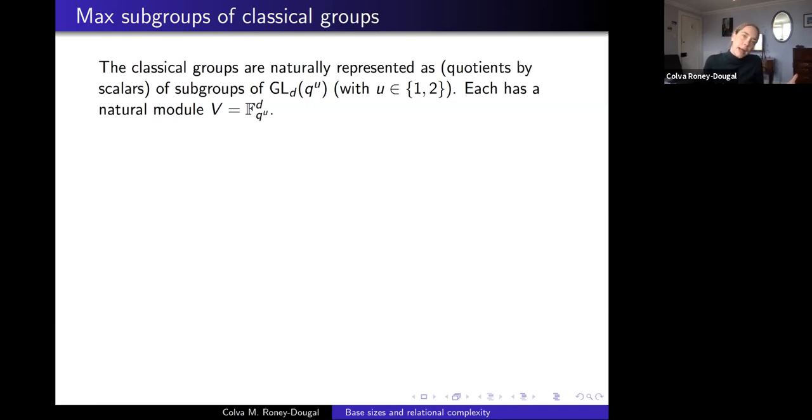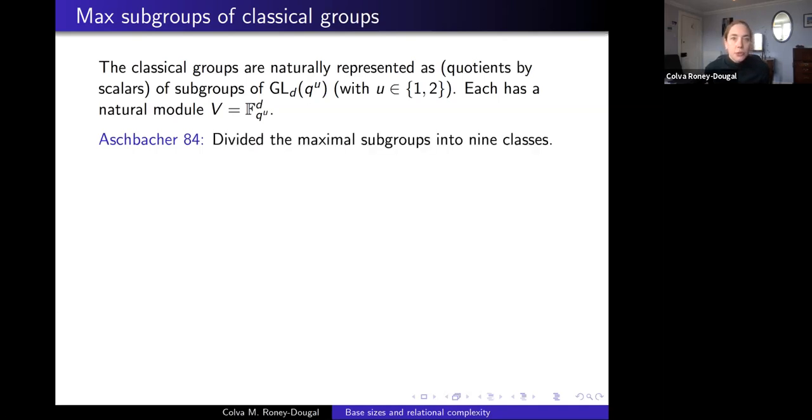And if we're talking about some of the classical groups, then we don't put a form on, or you put the form that's identically 0 everywhere on. Otherwise, we put a classical form on. So the maximal subgroups of the classical groups are divided up into 9 classes by Aschbacher's theorem, which I absolutely am not going to tell you, but there are these 9 classes.